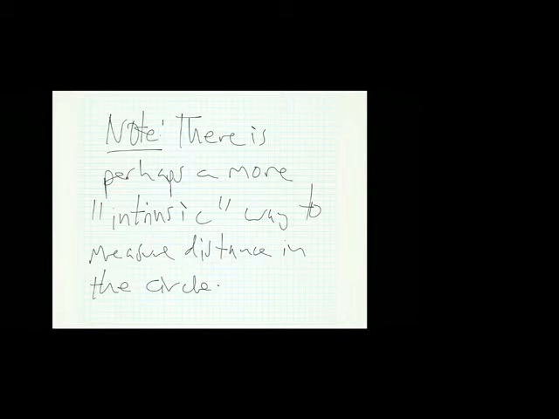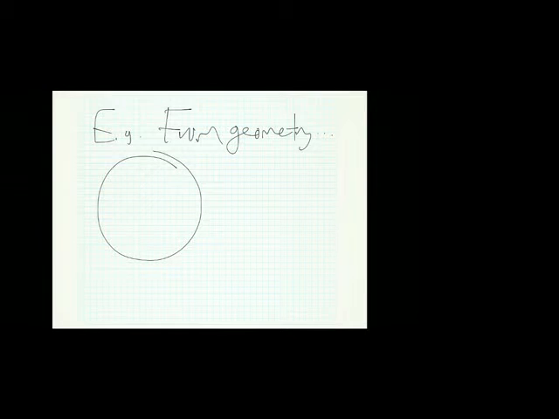So, for instance, from geometry, we know things like this. What's the circumference of a circle? It's 2 pi times the radius. So already some complicated things to make precise. I mean, what is pi exactly? But we have this idea from geometry that the circumference is 2 pi r.